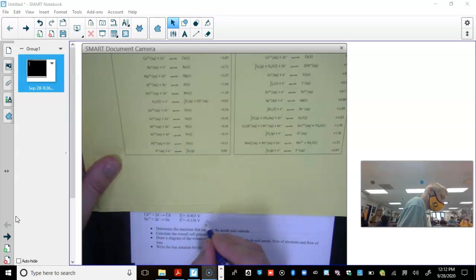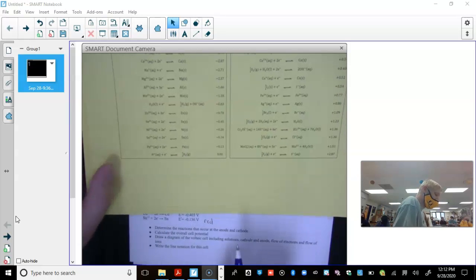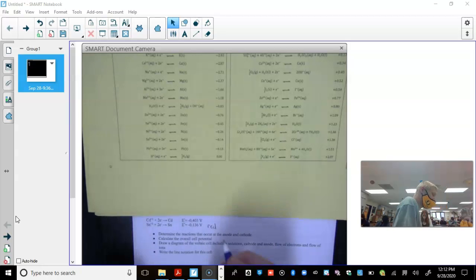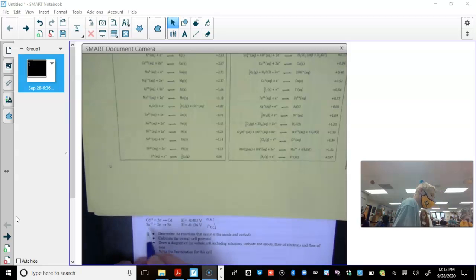Reduction, you got it. They just rounded it to negative 0.136. So that's our reduction. That means they don't give us cadmium, but I don't think that matters because they give us the electrode potential here. But we know cadmium is oxidation because of what we do have.